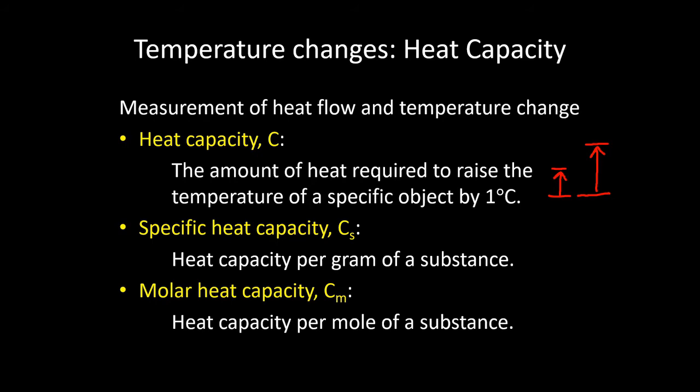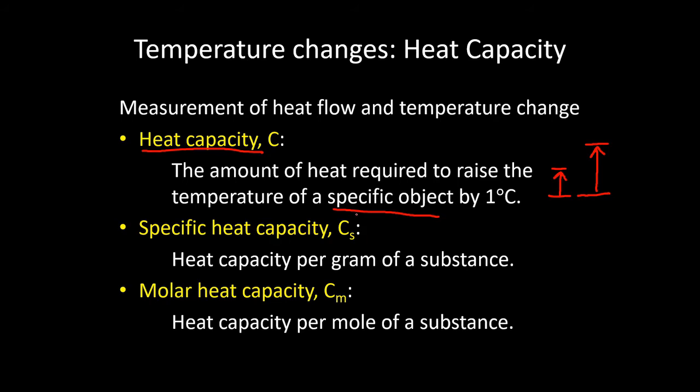And what this heat capacity measures is how much energy it takes to increase the temperature of the material. Now, the plain old heat capacity is not terribly useful because this is defined for an object. It's used for a specific object.